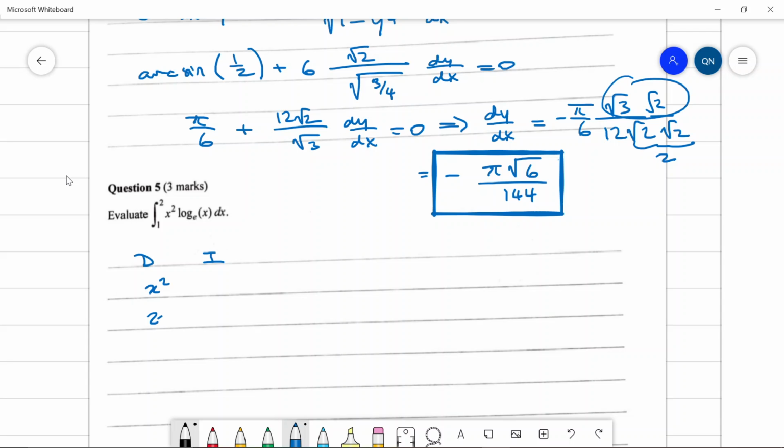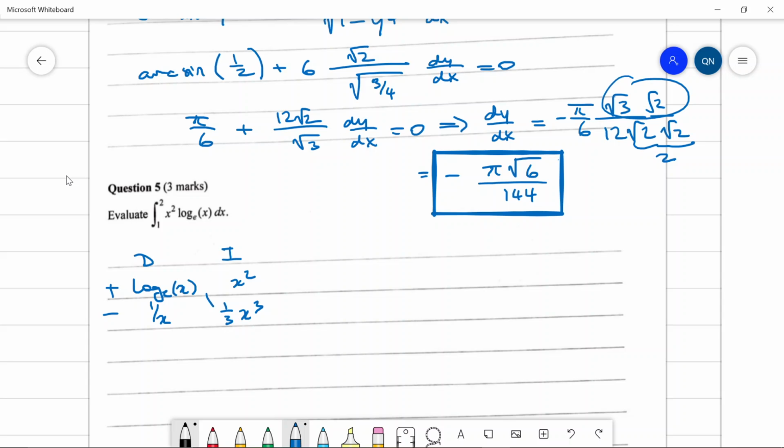So it's x squared, 2x and then 2. No, you do it the other way around. So you actually want to differentiate log base e of x, and that gives you 1 over x. And then for the integral, you want to do x squared, and then you have 1/3 x cubed, plus minus.